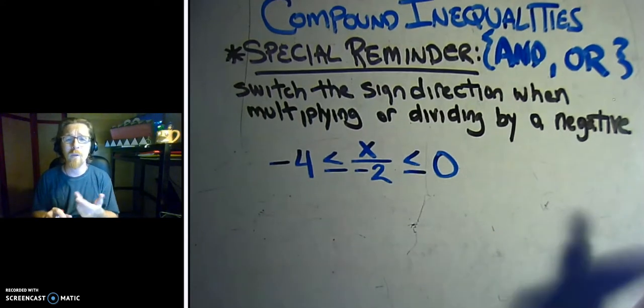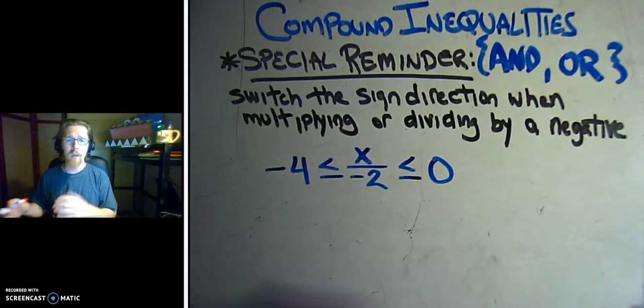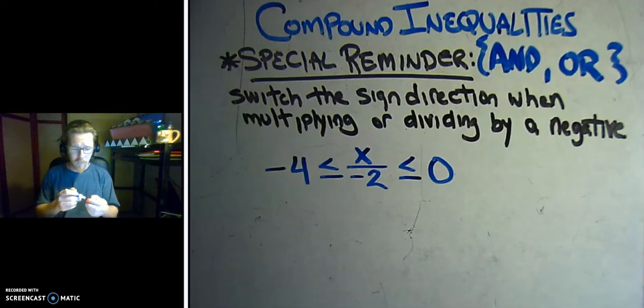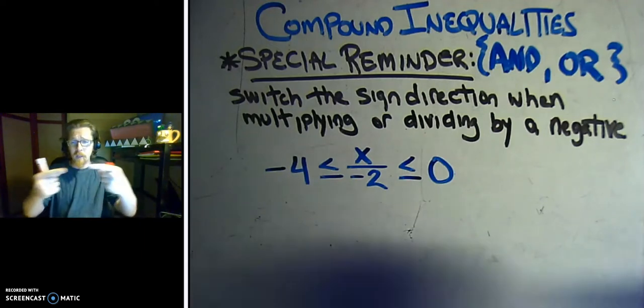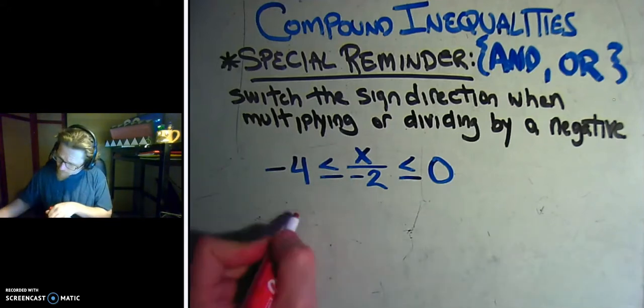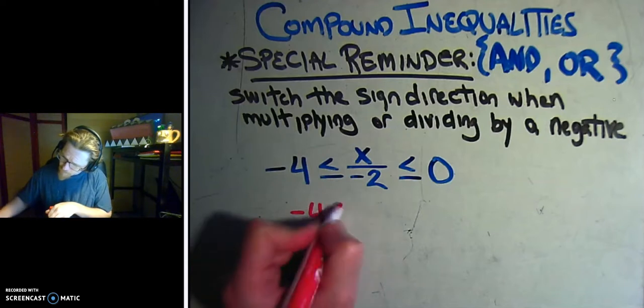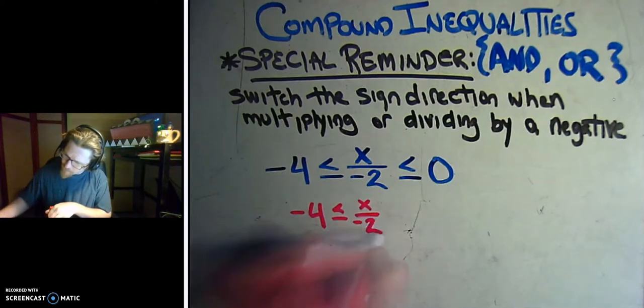But here's one way that you can solve it, and you might find that there are some shortcut ways to process this. Really, we're looking at two separate problems that are merged into one. The first problem is negative 4 is less than or equal to x over negative 2.